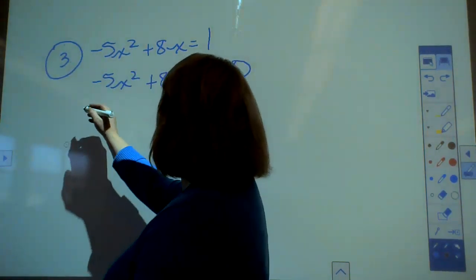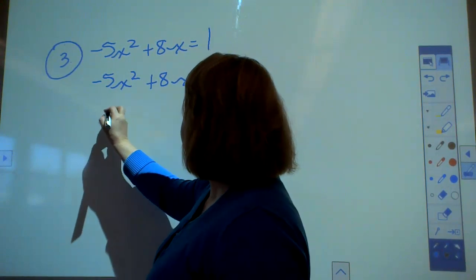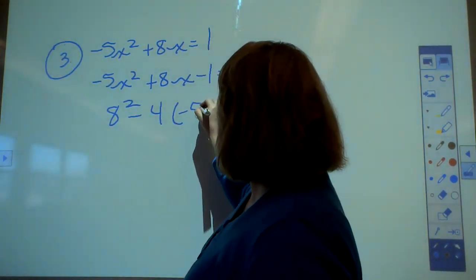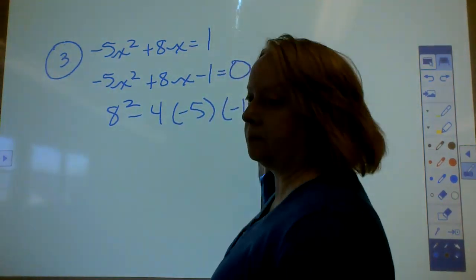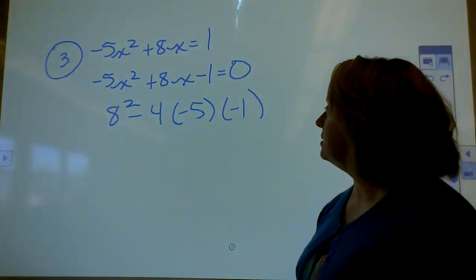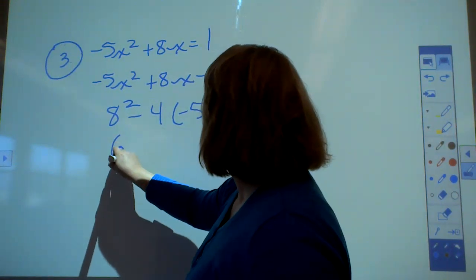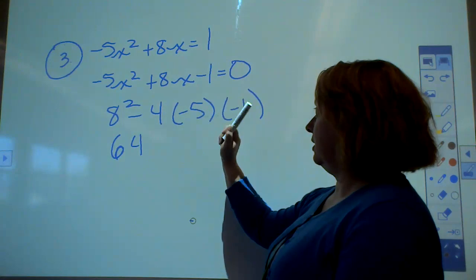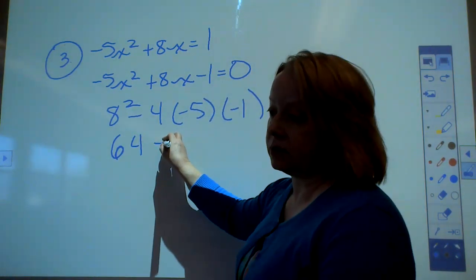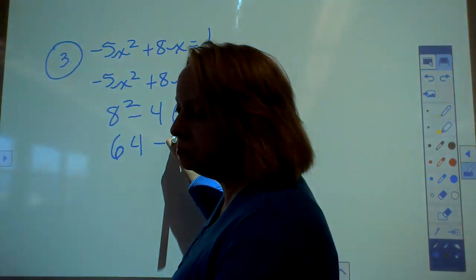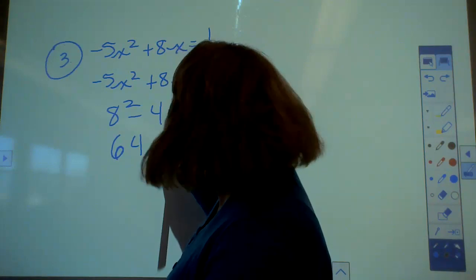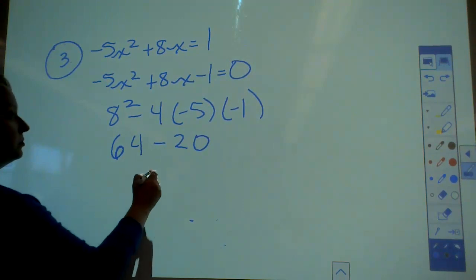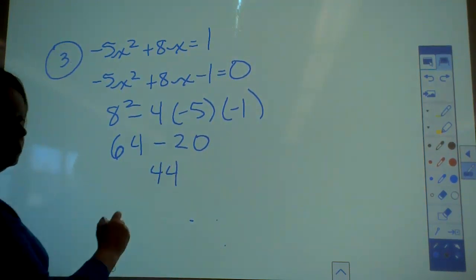And now I'm going to just plug it in. It's going to be 8 squared minus 4 times a times c. So 8 squared is 64. And then this turns out to be -4 times -5 times -1, which is minus 20. So that comes out to be 44.